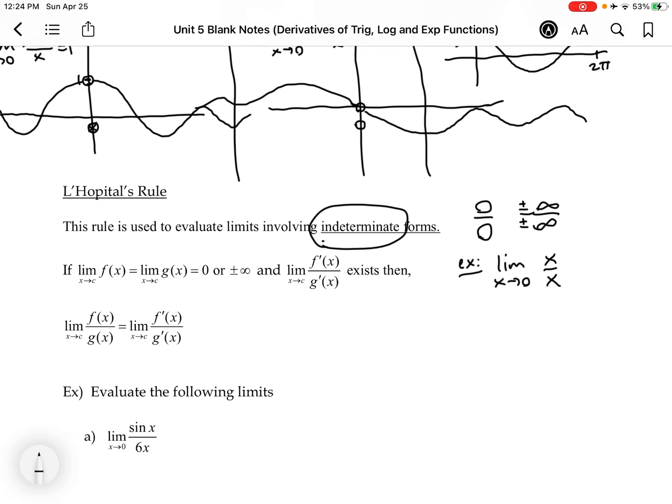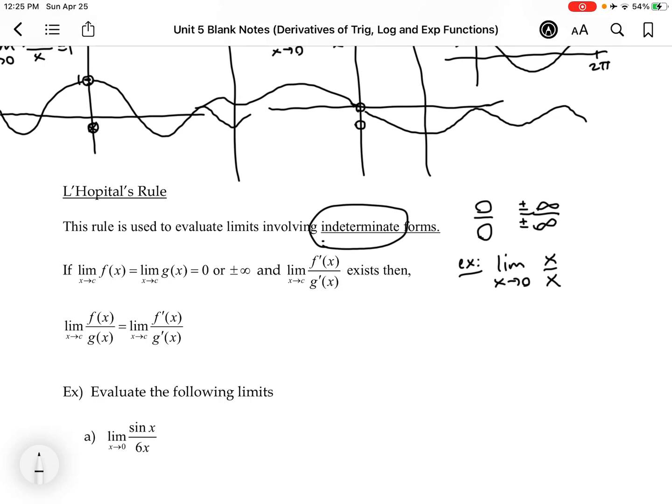Although there's going to be a hole in the graph, we know that this limit is 1. L'Hopital's rule explains why. L'Hopital's rule basically says that if the numerator and the denominator of the limit are each functions, in this case the numerator's function is x and the denominator's function is also x.